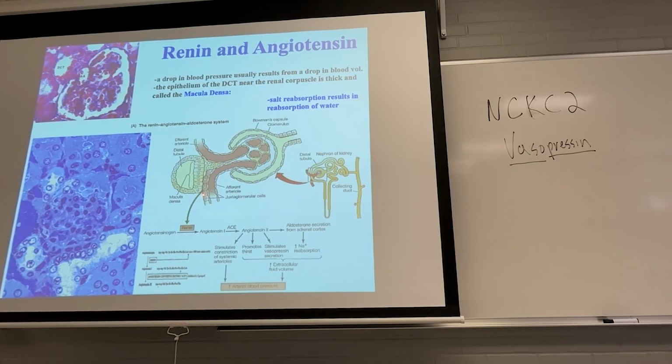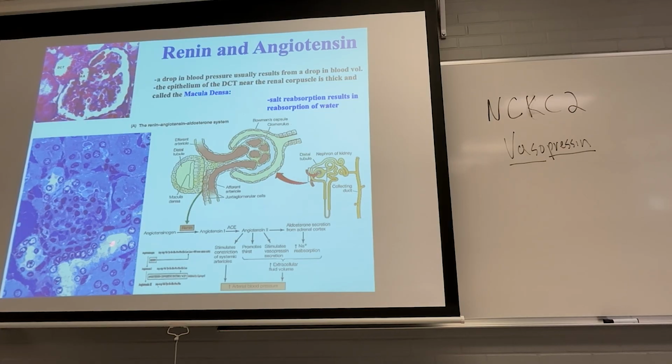See, there's some cells here and some cells here, and they're called JG cells, or juxtaglomerular cells. Juxta means next to the glomerulus, so you can see these cells in here. And then notice the distal convoluted tubule, the epithelium on the blood vessel side is enlarged. So there are columnar cells there, where the rest of the epithelium is cuboidal. And this structure is called the macula densa, one of my favorite structures.